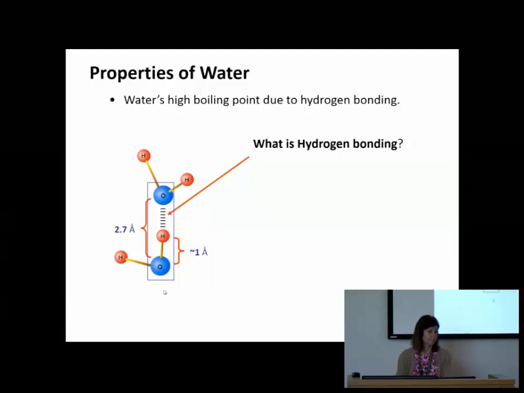So here you can see this hydrogen is covalently bound to this oxygen. So that's one of the situations. Then this naked proton on this hydrogen is going to interact with another electronegative atom.